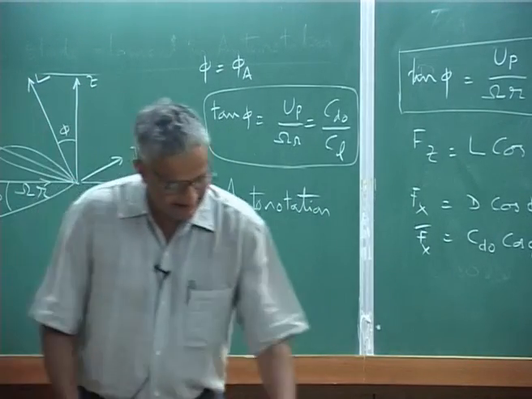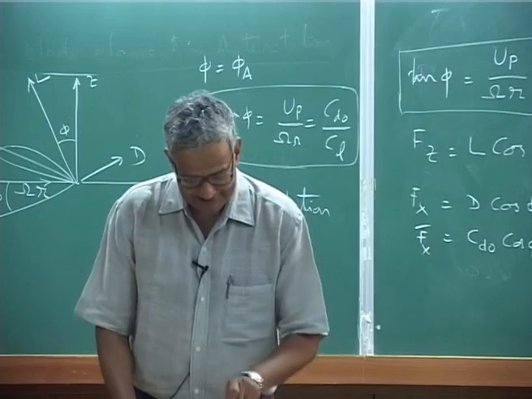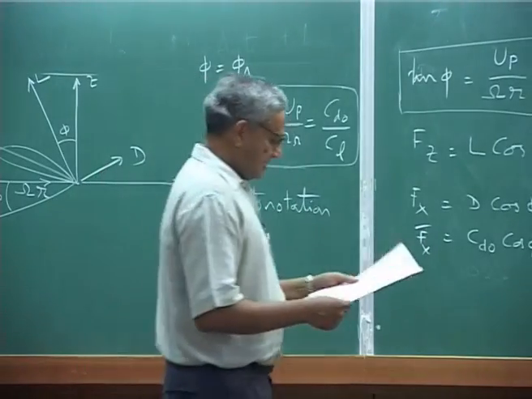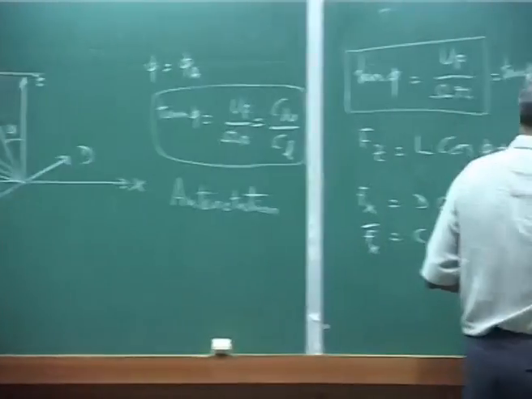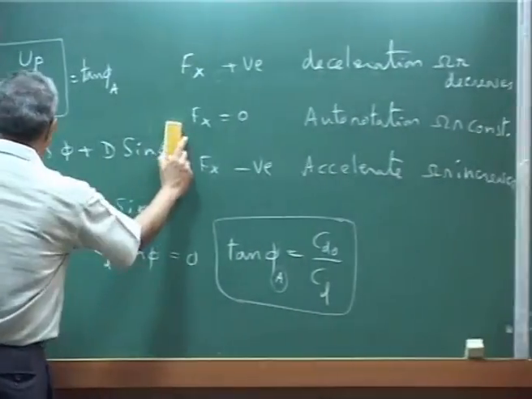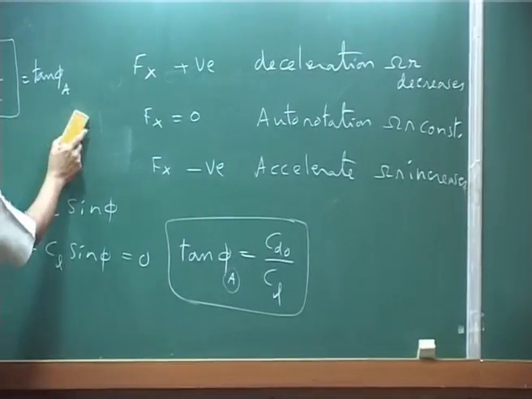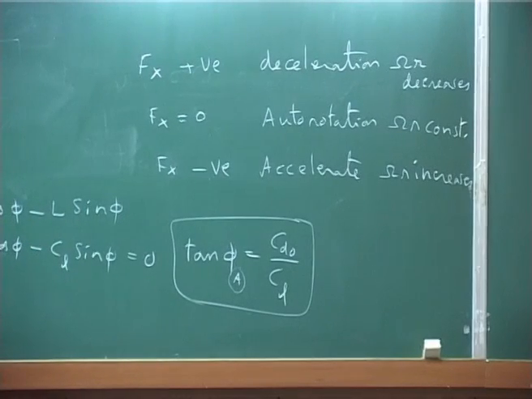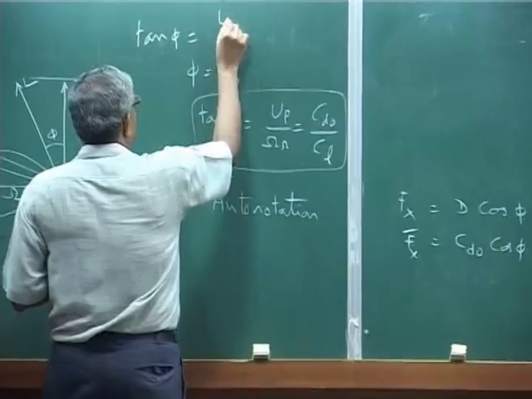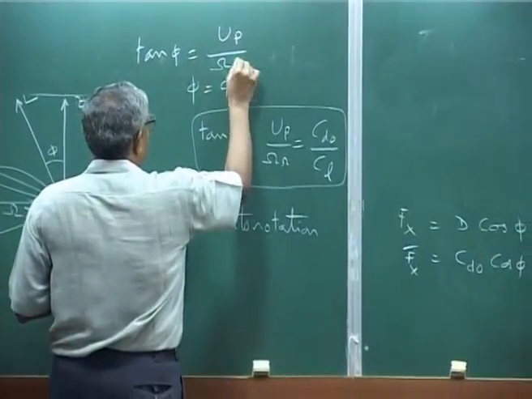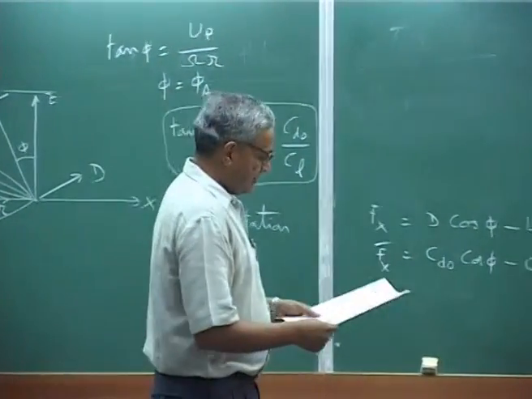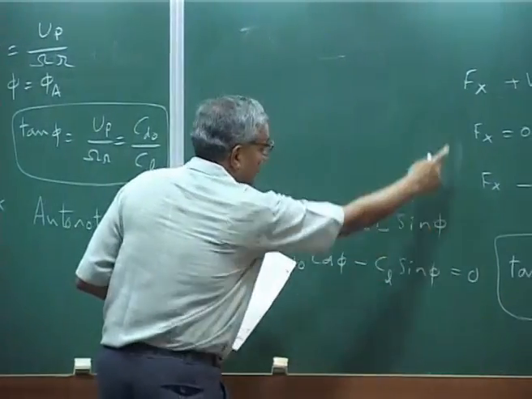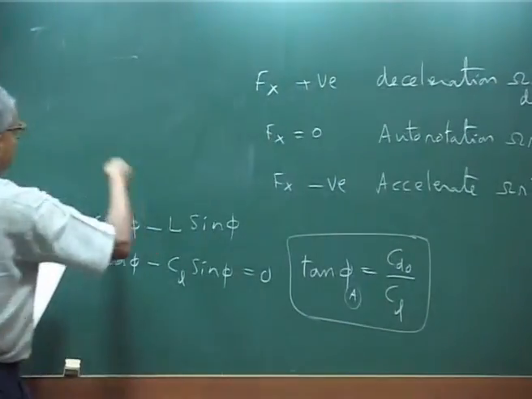Now, let us look at the other 3 conditions, this is deceleration, maybe I do not need this Fz. I will write here tan phi. For this condition, this is positive means what?